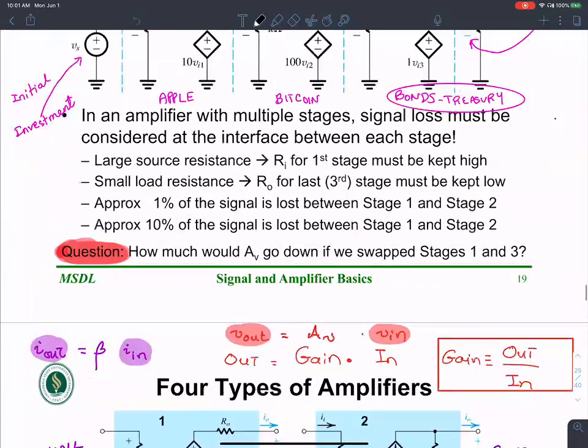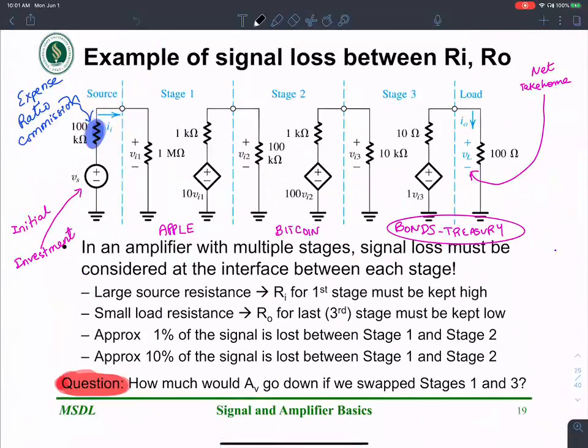I also showed you how we have to be careful when we are connecting the output load, 100 ohms. We cannot directly connect that to a really large output resistance. There's a big significant signal loss. All the different considerations we have to take into account when we have to match the load and input resistances, load and output resistances as well.